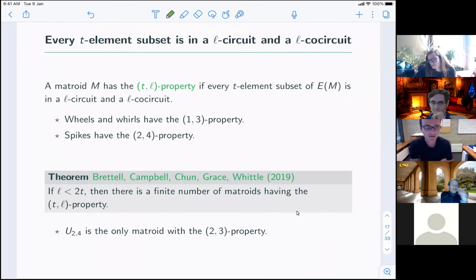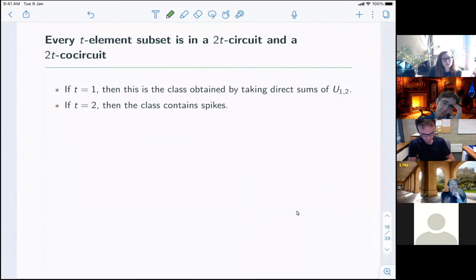So what about generic families? What they looked at in particular was T-element subsets that are in a 2T-circuit and a 2T-co-circuit. If T equals 1, then this is the class of direct sums of U_{1,2}.